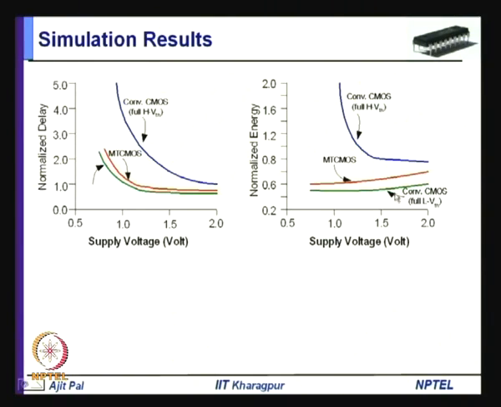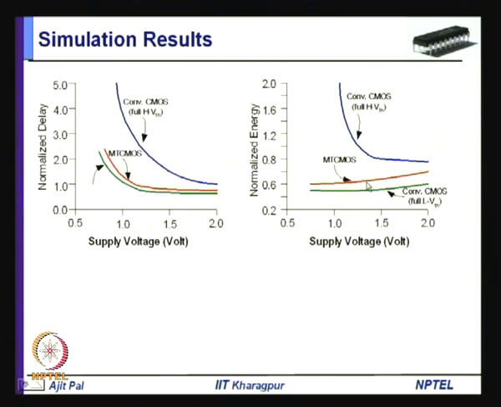That is what is being displayed with the help of these lines. Similarly, if you consider the normalized energy, we find that the power dissipation or energy, the power delay product, is also very small and very close to the conventional low VT transistors.